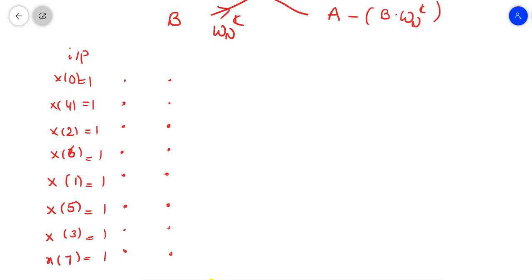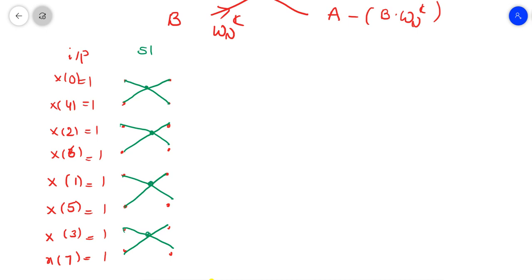To make it convenient, the input is separated from the output by one sample. So this is stage 1.